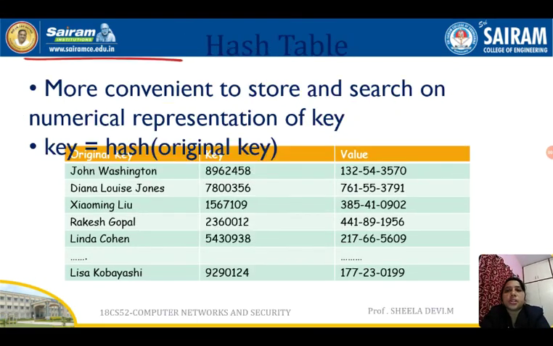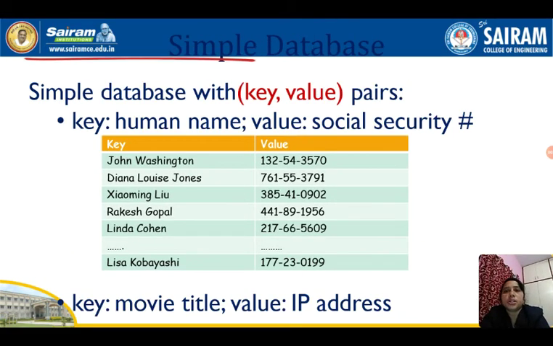Yes, a simple database. Every database will have key-value pairs. If I want to retrieve any data from the database, what should I give? I should give the key, so that I can get the corresponding value. If you take an Aadhaar card and give the Aadhaar number, the database will provide you with the name or the address.